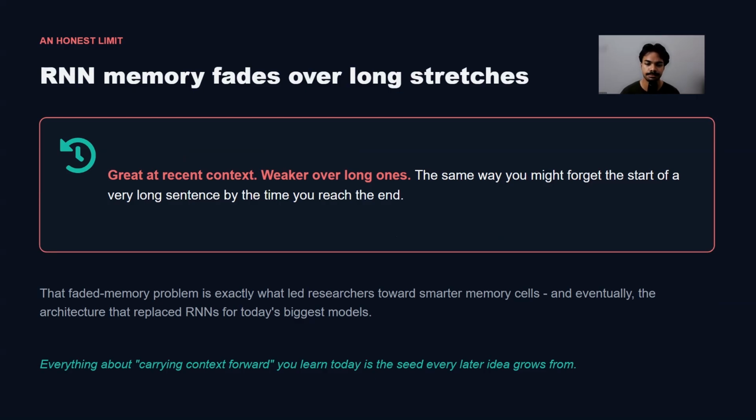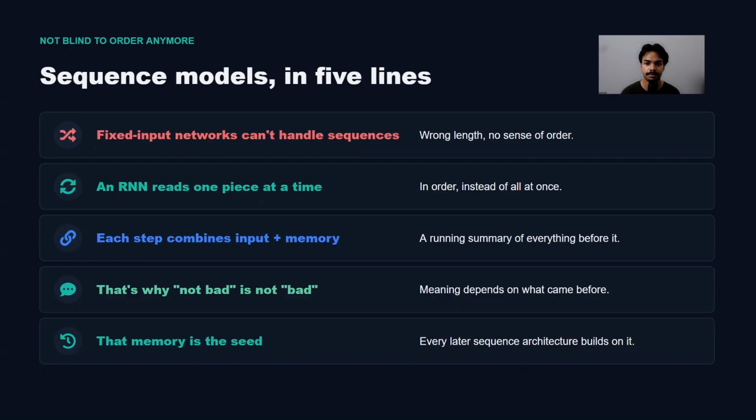So let's bring it home. You came in with networks that were blind to order. Shuffle the input, get the identical output. Now you understand the fix. A small cell reused at every step, carrying a memory forward that accumulates everything read so far. A quick recap, the whole thing in 5 lines. Fixed input networks can't handle sequences.